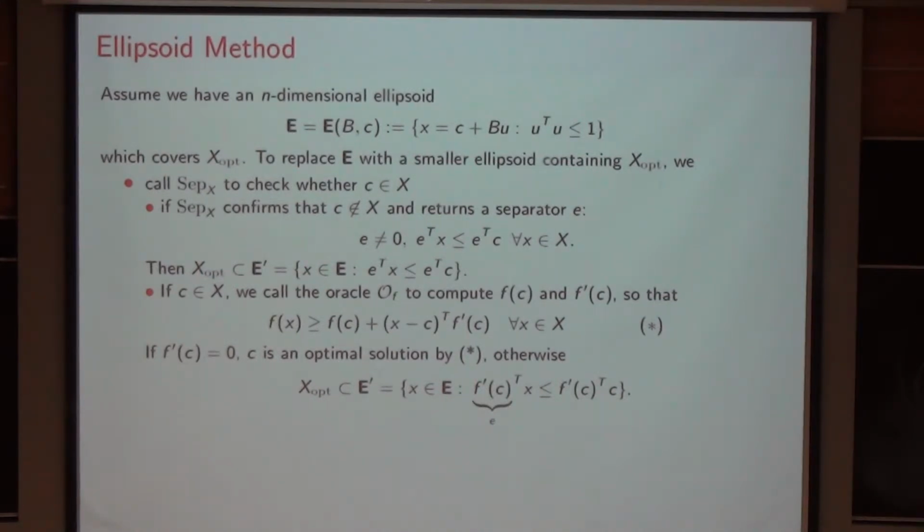The only thing we know is that it passes through the center. Our new localizer is this E prime: we know the minimum will be in this half of the ellipsoid. What we will do is choose as the new localizer the smallest volume ellipsoid, E plus, which contains E prime.